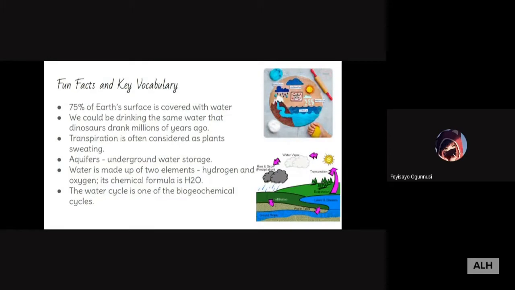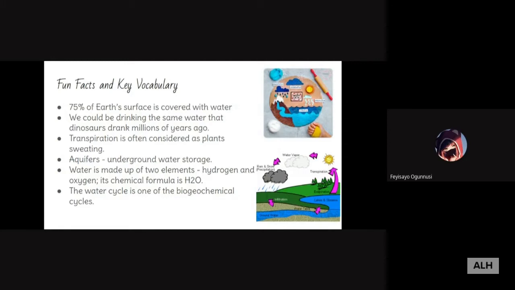Okay, so some fun facts about the water cycle: nearly nobody really knows exactly how much, but approximately 70 to 75% of Earth's surface is covered with water. And since water is constantly being recycled, we could be drinking the same water that George Washington drank, or that dinosaurs drank.